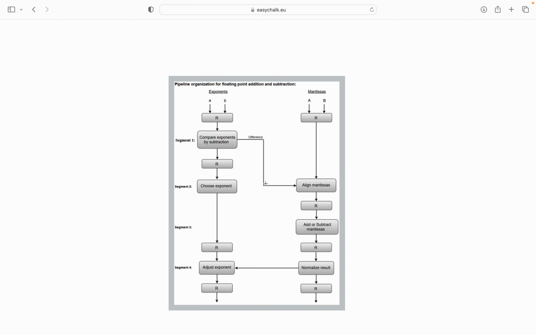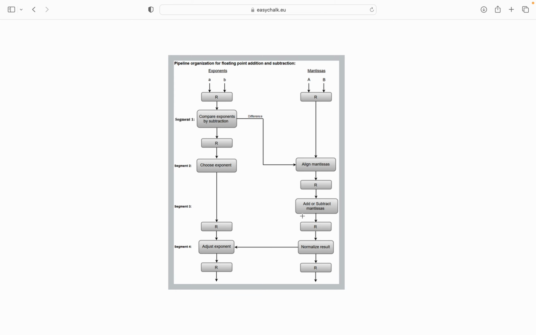Now after aligning the mantissas, whatever result we get, we store that in this register, and after storing in this register, we perform the addition part, that is in the third step. We perform the addition, and after performing the addition, the intermediate result is stored here. This happens in segment 3. After that, we need to normalize the result.